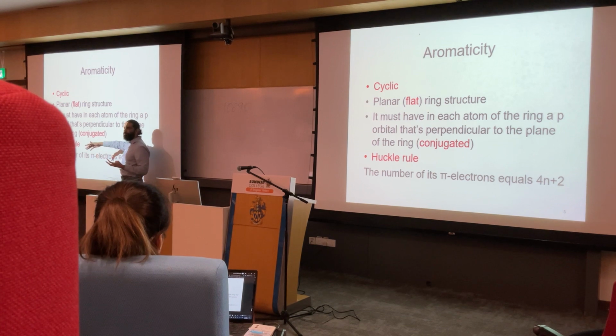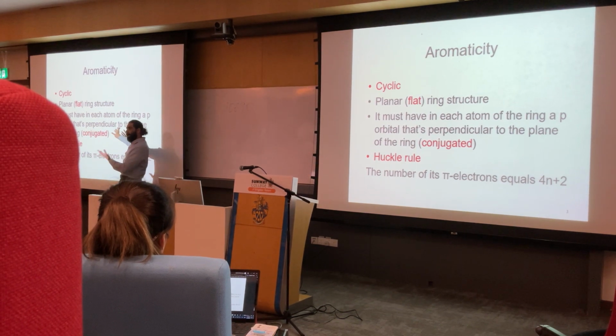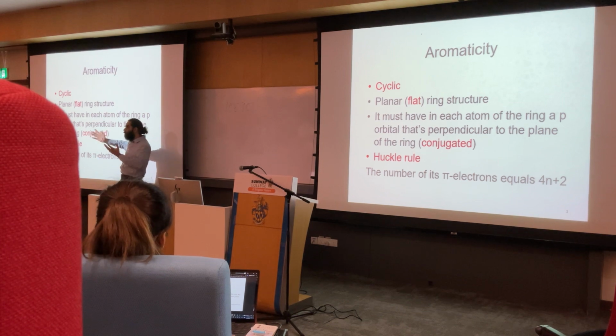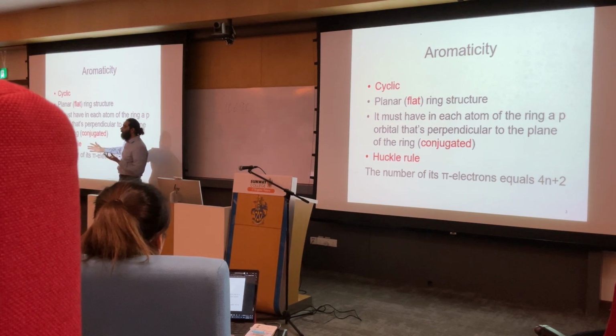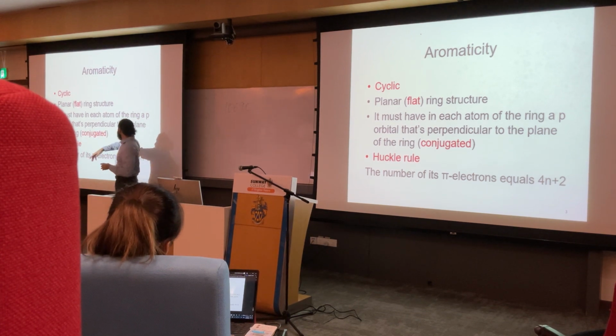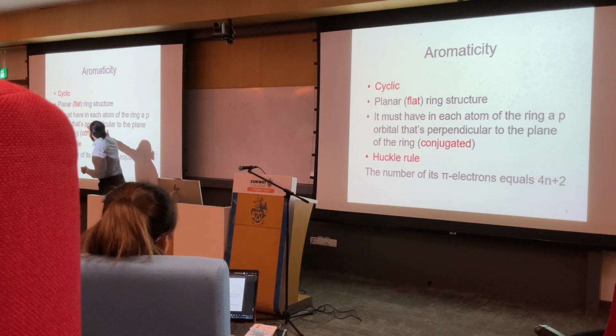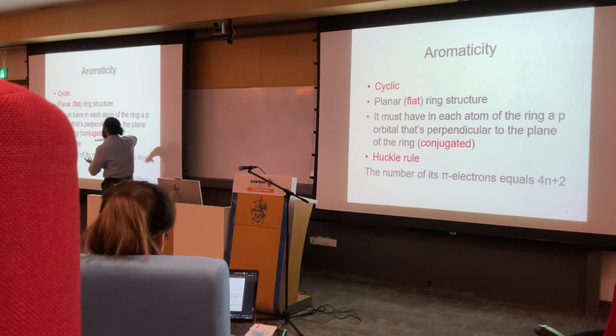Or if the molecule has a conjugated double bond system, the whole thing also means the same. What it actually tells is how you can have this quality if all the atoms have the orbital that's perpendicular to the plane of the ring.